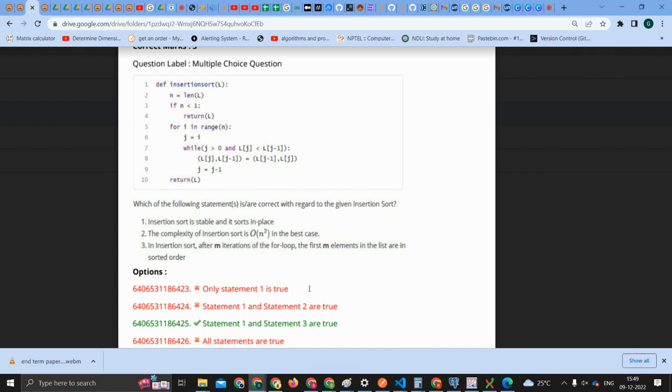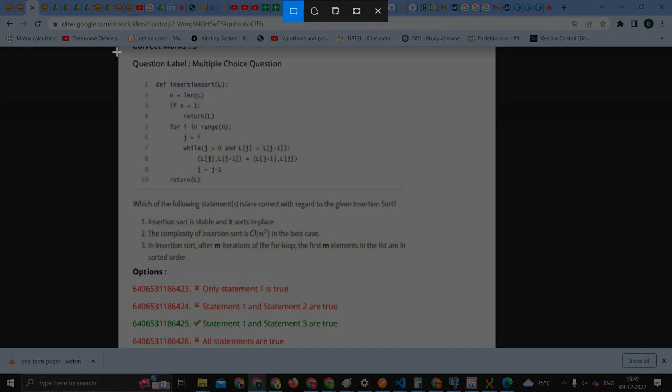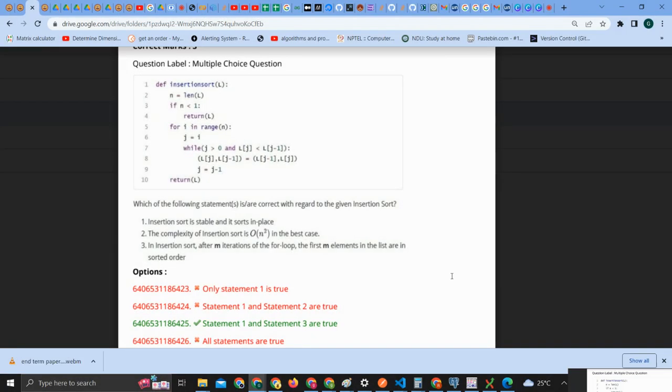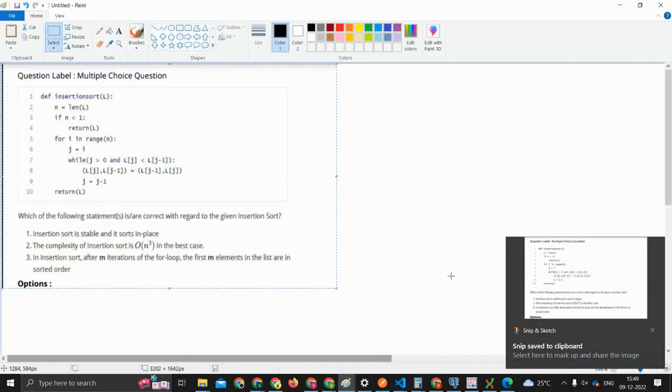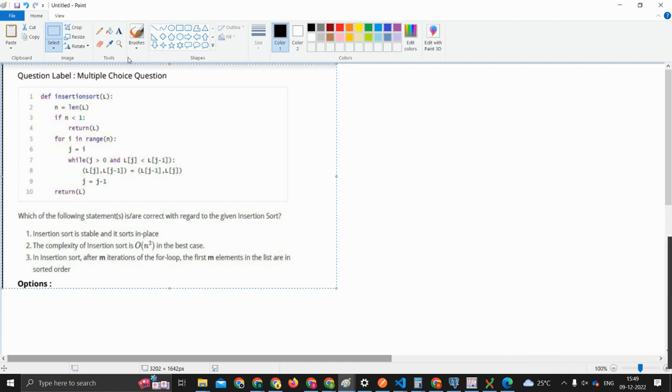I know that it's a stable sorting, so that is true. And it's also in place, like we are performing the sorting within the same original array. And the complexity is n square.